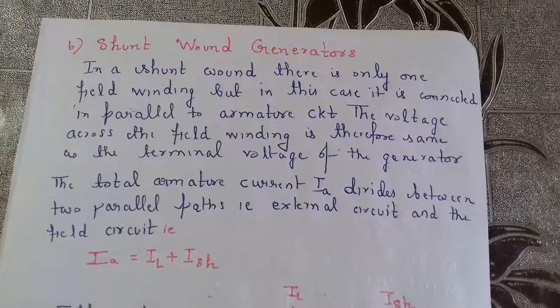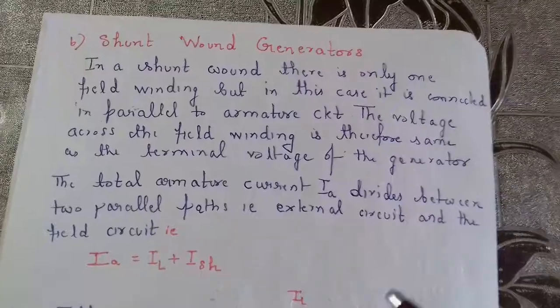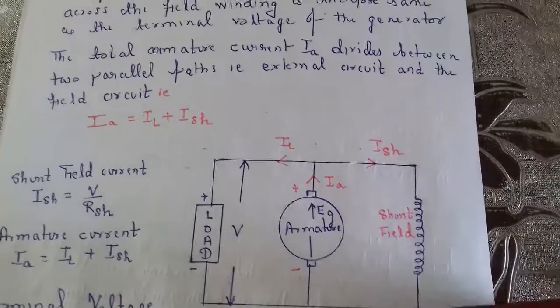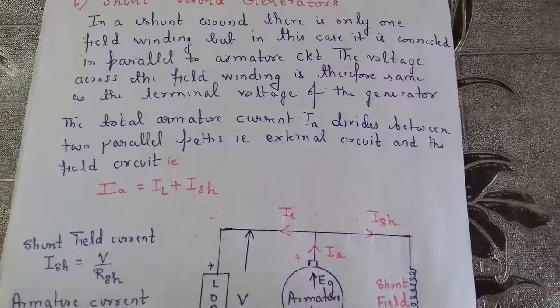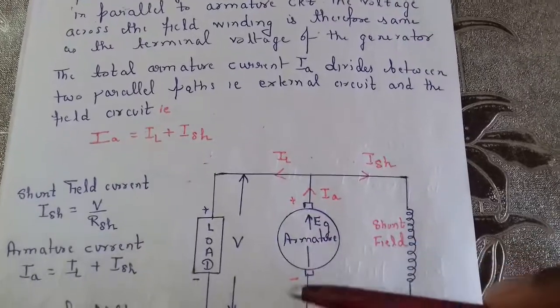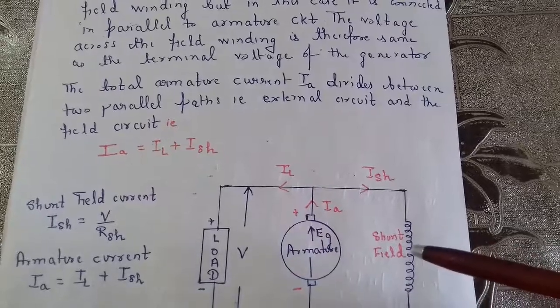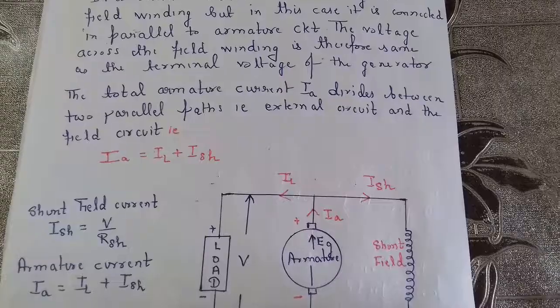In a shunt wound generator, there is only one field winding which is connected in parallel to the armature circuit. The voltage across the field winding is therefore the same as the terminal voltage, as the terminal is connected in parallel with the shunt field winding, so both voltages will be the same.